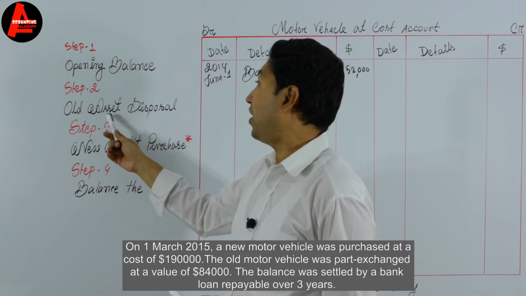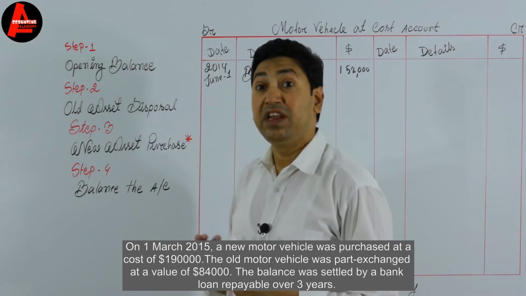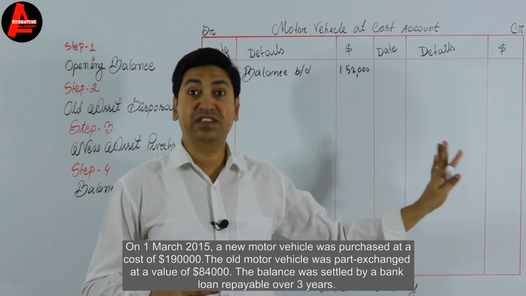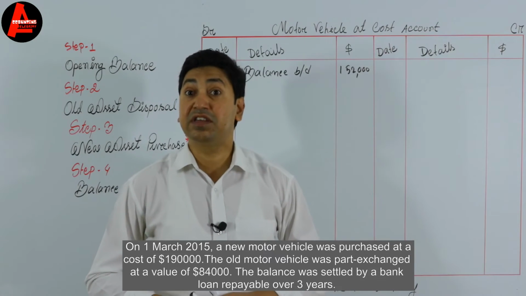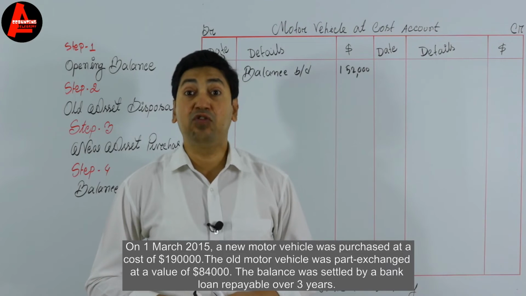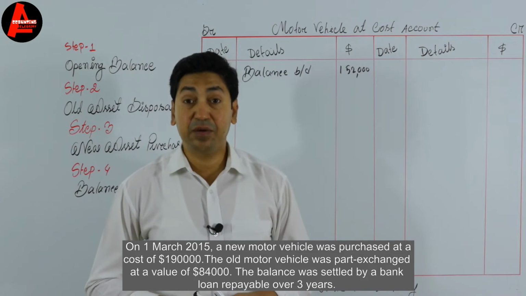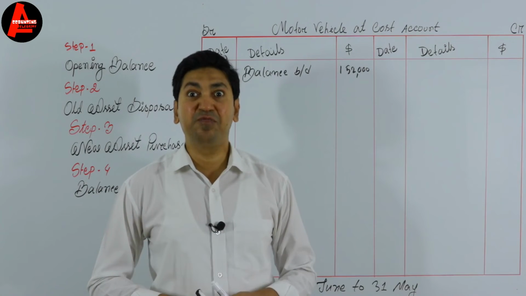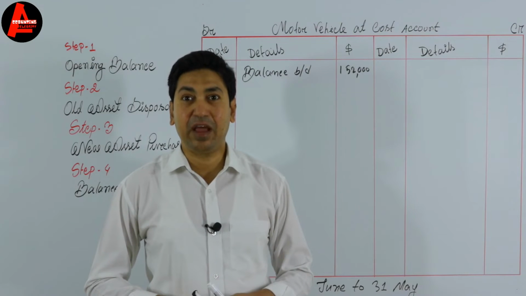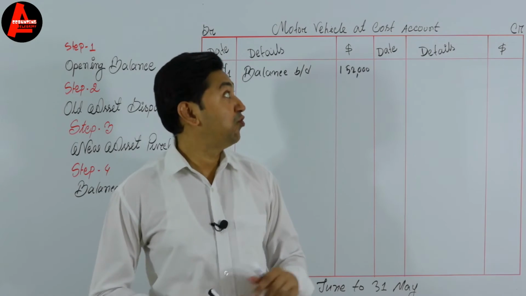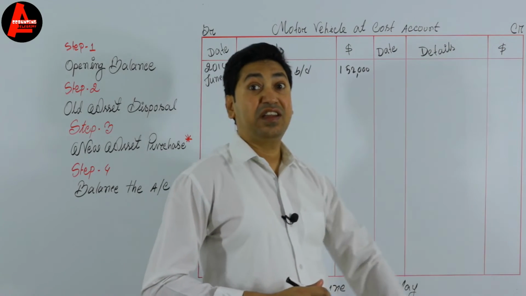So when an old asset is disposed, we need to write on the credit side. Why credit side? Because here the motor vehicle account will be credited, and disposal of motor vehicle will be debited. So motor vehicle will be credited, so we will write on the credit side.